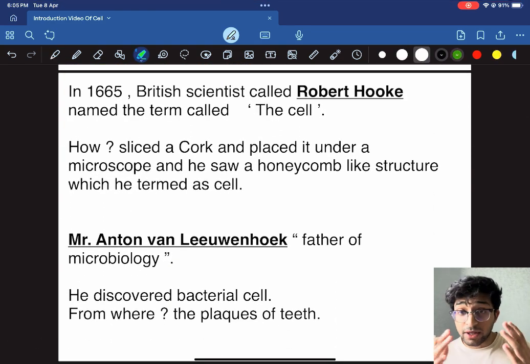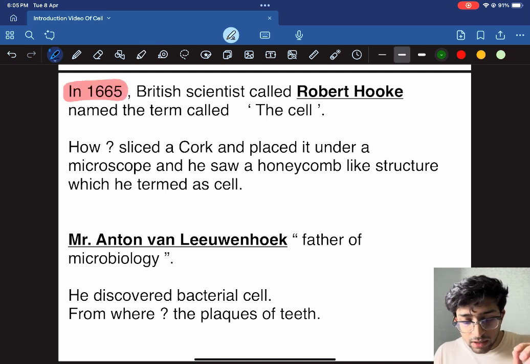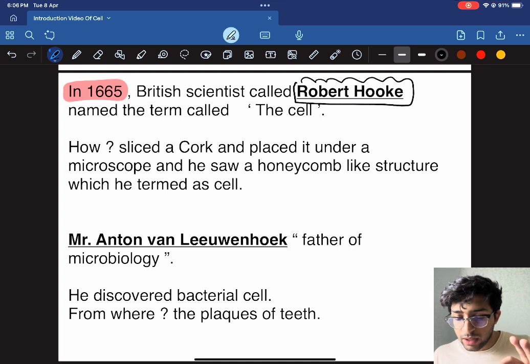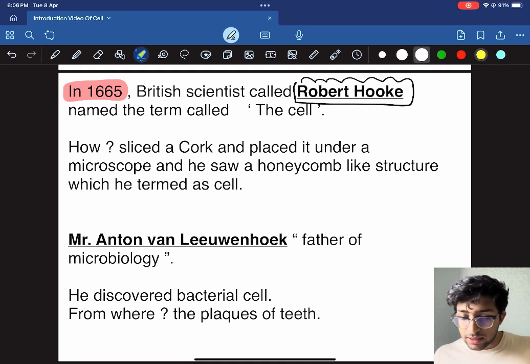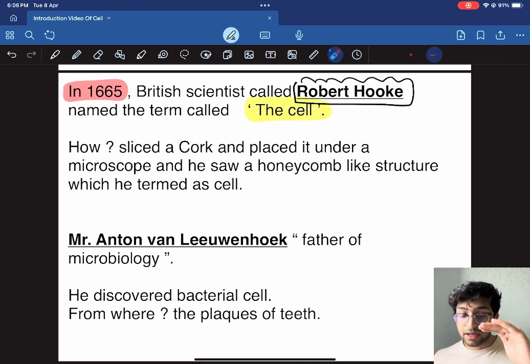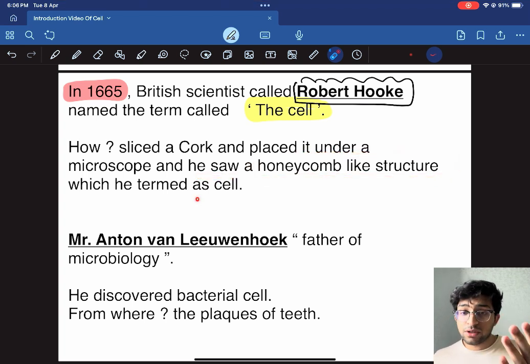So again, let's summarize. In the year 1665, there was a British scientist called Robert Hooke. He named the term cells. And how did he name the term? He sliced a cork and placed it under a microscope, and he saw a honeycomb-like structure, which he termed as the cell.